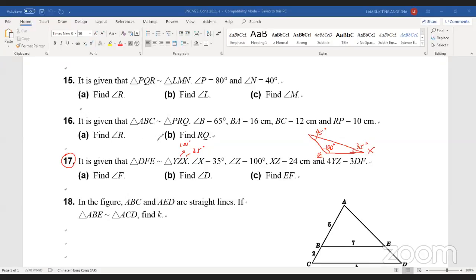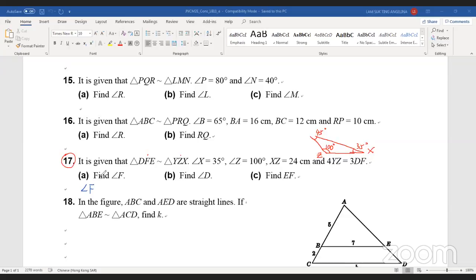Now, in this case, first you need to find F, and F means C, right? Therefore, what you need to write down is angle F. Because you are going to find angle F, write angle F first.